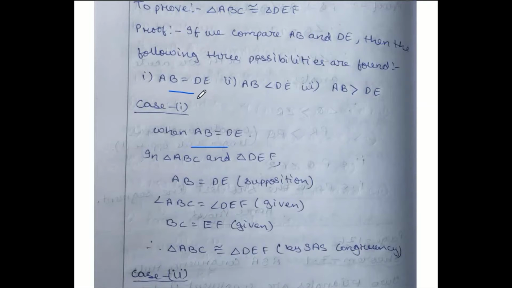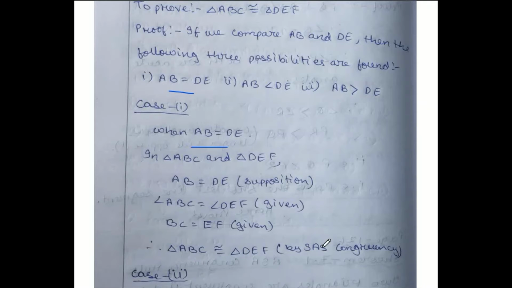We are considering three cases because we don't know whether they are the same or different: one case AB equal to DE, one AB less than DE, another AB greater than DE.